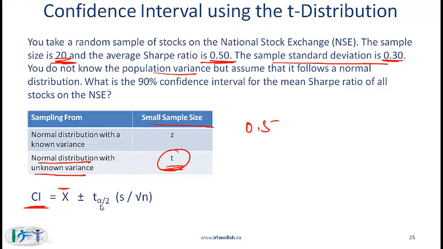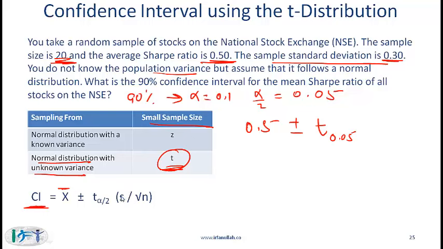The concept of alpha is the same. For 90% confidence, alpha is equal to 0.1. So alpha over 2 is equal to 0.05. So we really have plus or minus t 0.05 times s.